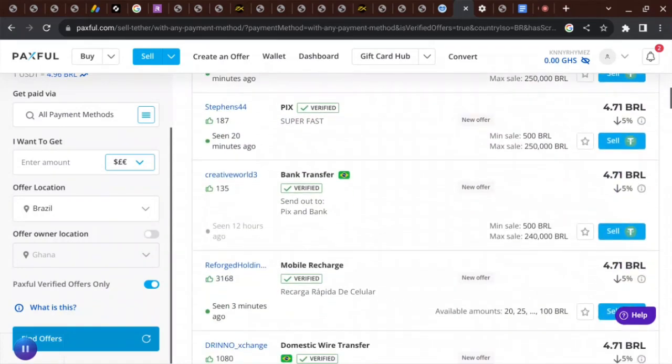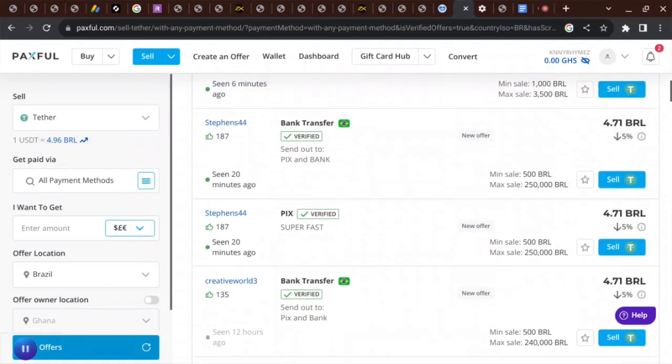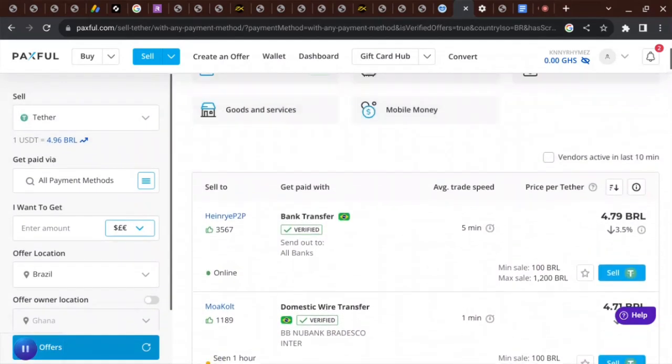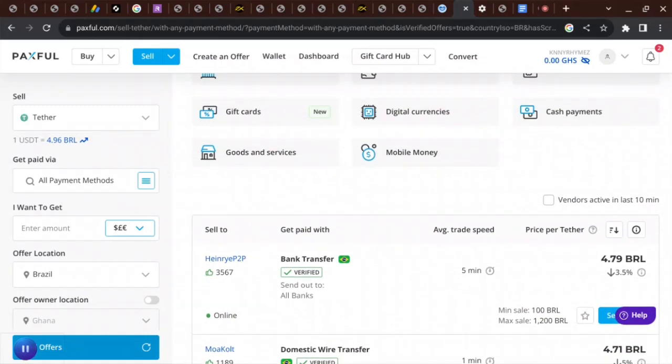Before you do this global arbitrage, this is what I would advise you.